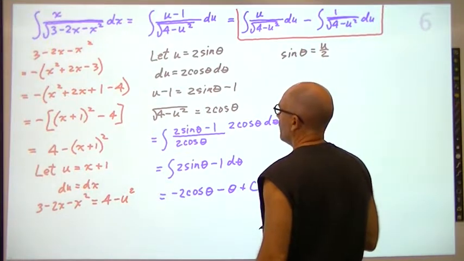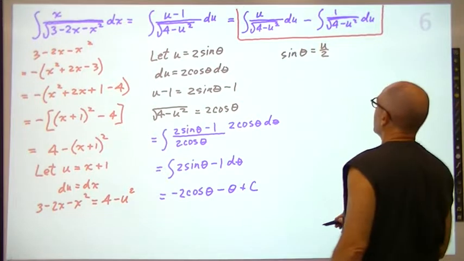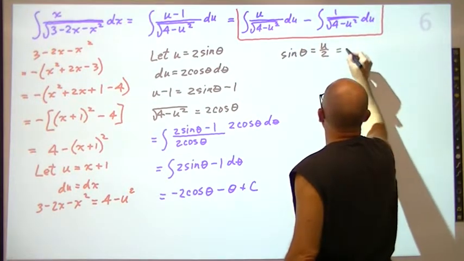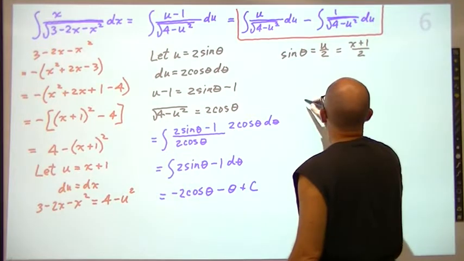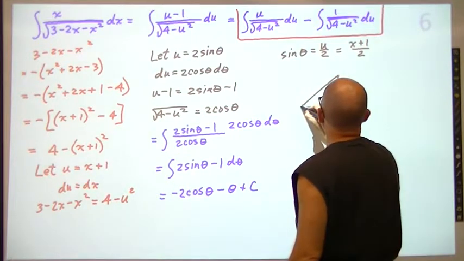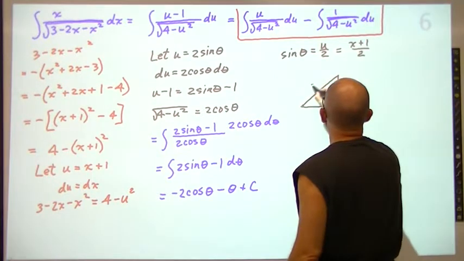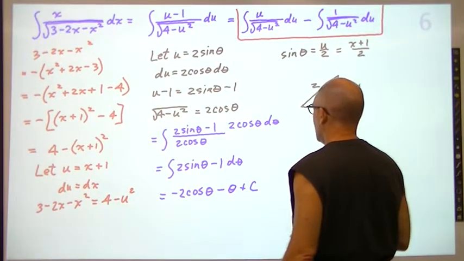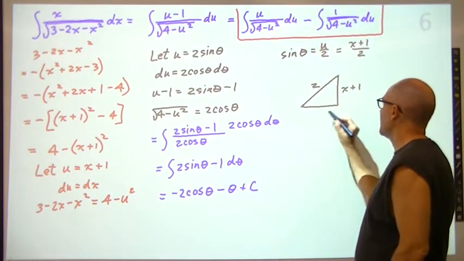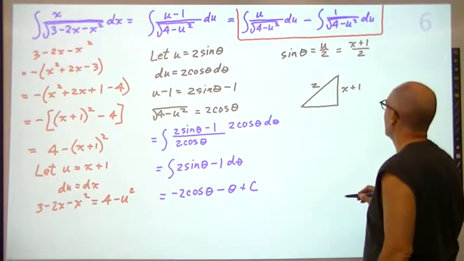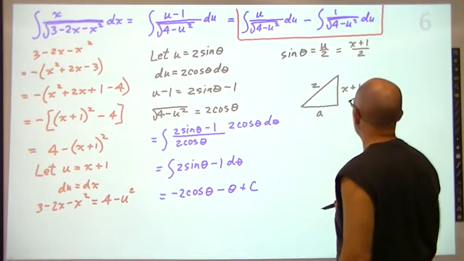And u is x plus 1. So we make our triangle, and it's opposite over hypotenuse. Now notice we have a cosine, so we need to get the adjacent side. Let's just call this a right here.